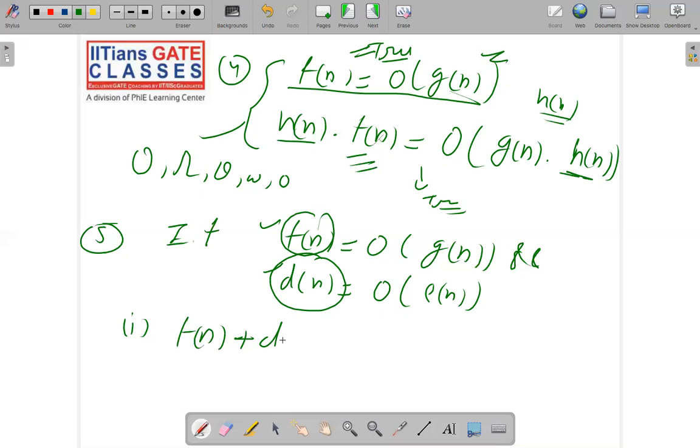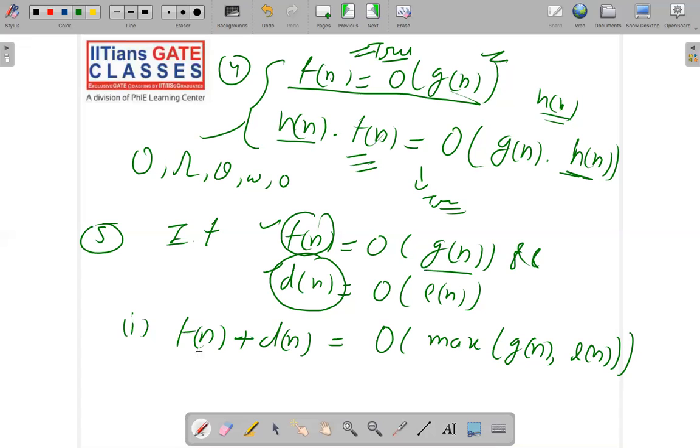Fn plus Dn will be equal to order of maximum of Gn comma En. Remember this. If you think logically, this holds. If you are adding these two, then on the right side we can take the maximum function.